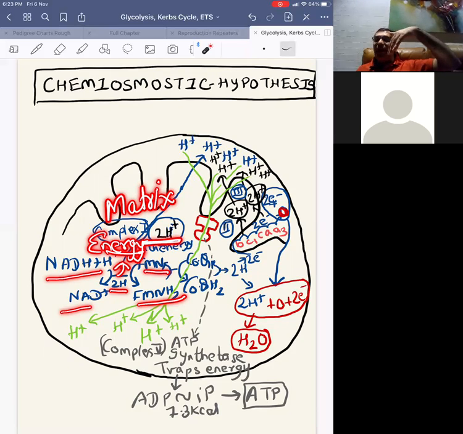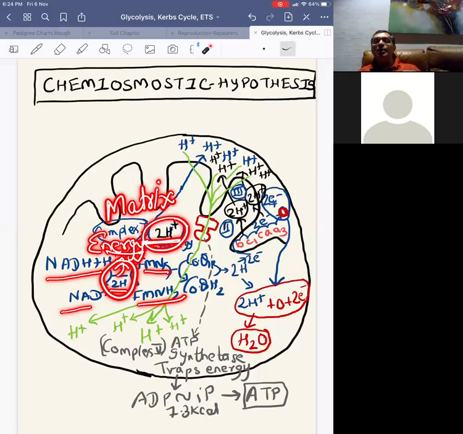NADH plus H plus, when it gives away hydrogen, हाइड्रोजन में बहुत energy होती है, and that energy is trapped by proton in the matrix, and protons go from the matrix into the intermembranous space.